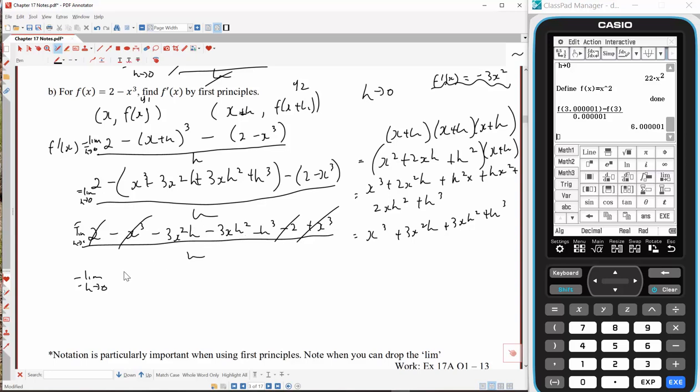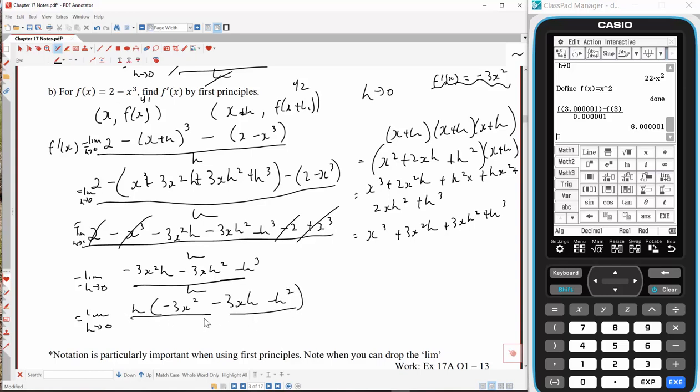That's what's got to happen. So it's negative 3x squared h, take away 3x h squared, take away h cubed all over h. Haven't used the limit yet. Negative 3x squared, take away 3xh, take away h squared all over h.